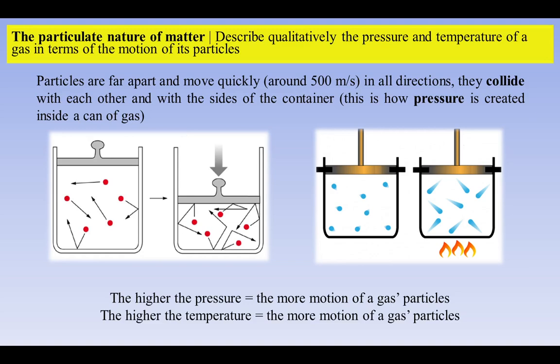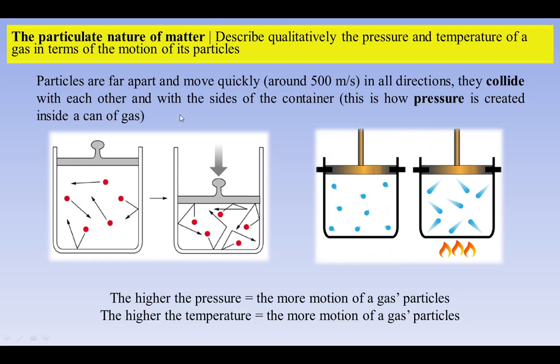While we talked about the gases, they move at around 500 meters per second in all directions, and then they collide with each other and with the walls of the container. So this movement and this colliding with the walls of the container is what creates pressure. So this is how pressure is created inside a can of gas, for example.